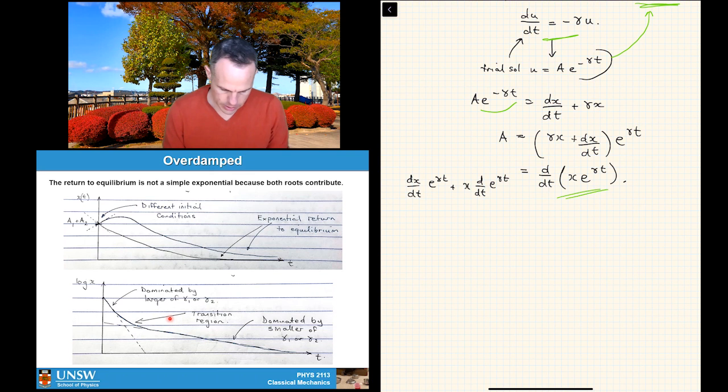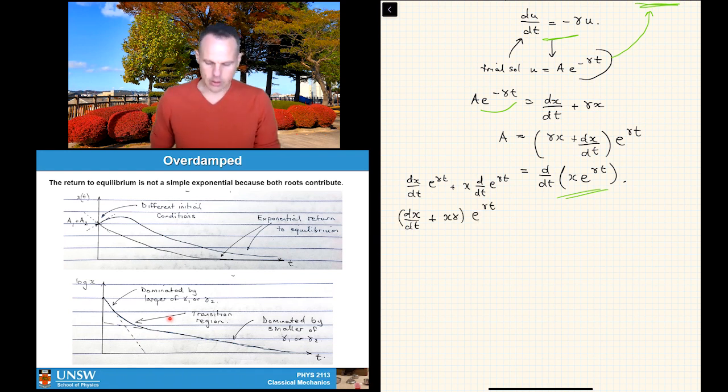And of course this ends up being dx/dt plus this term over here, we get x γ e^(γt). Okay, so just proving that that solution actually works. It's perfectly okay, right?